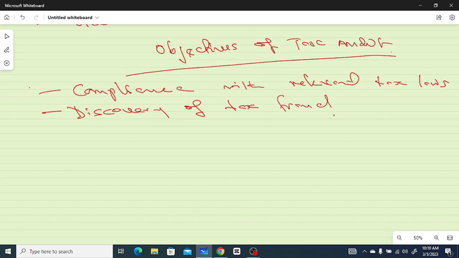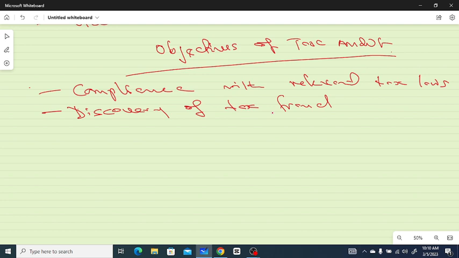So in a situation whereby the taxpayer has done something wrong in filing his tax returns, the objective is to identify that tax fraud.